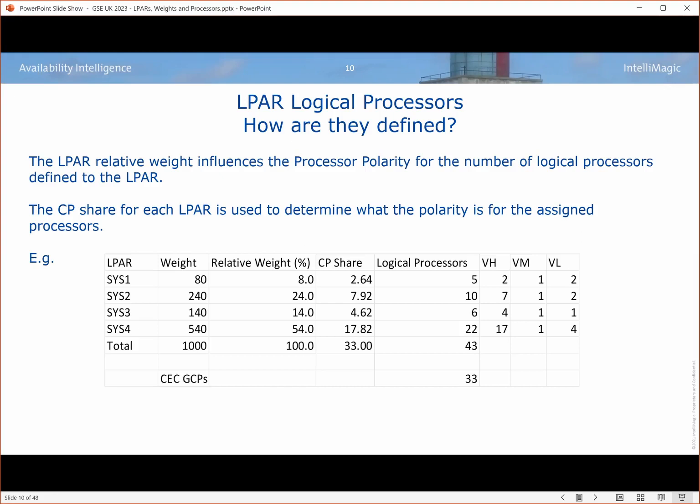The vertical high, for example, is almost like a dedicated processor. And I'll get to a little bit more describing how these processes are defined for the LPAR and what it means. But we're basically talking about the sharing of the logical processes for the LPARs.